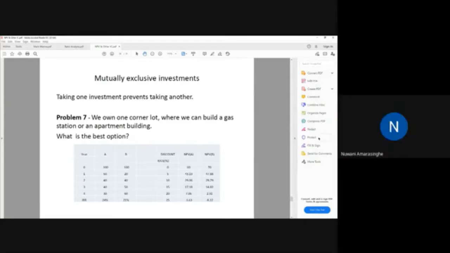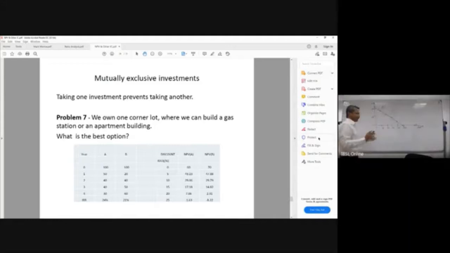Should be B. So our decision will be based on our required rate of return. If our required rate of return is less than 10% or somewhere around 10 or 11%, then B is the best. But after this point, if the discount rate is higher, A is the best.